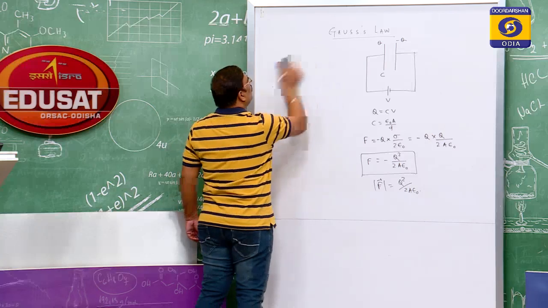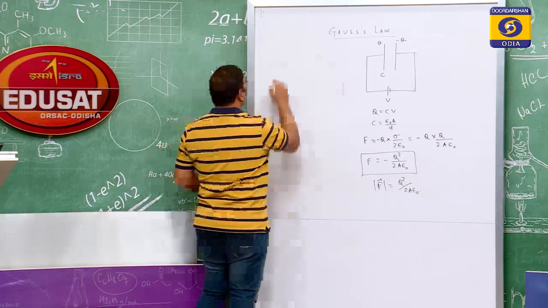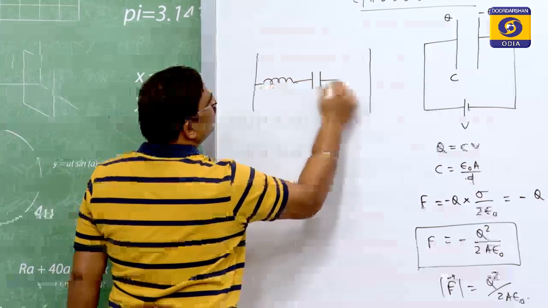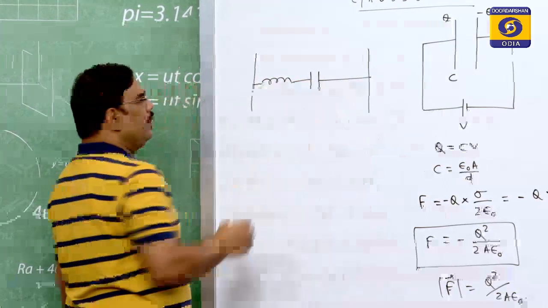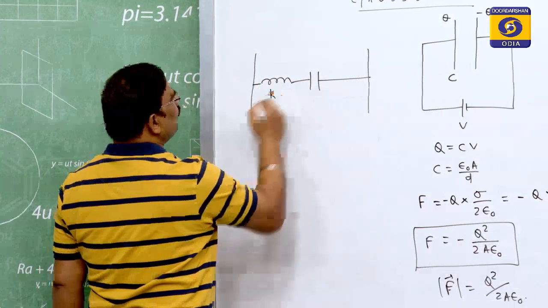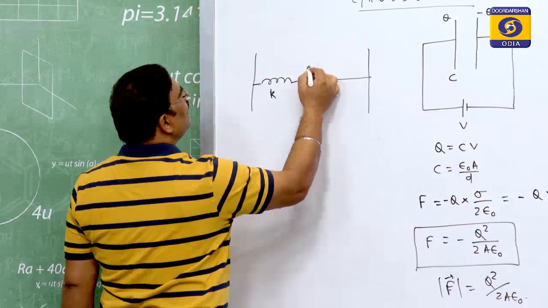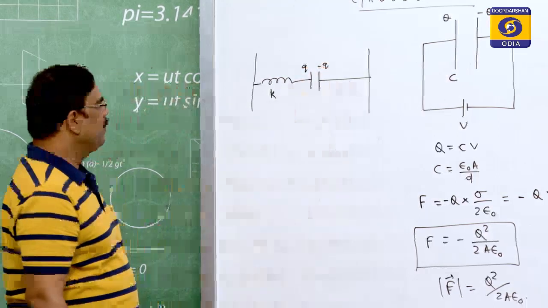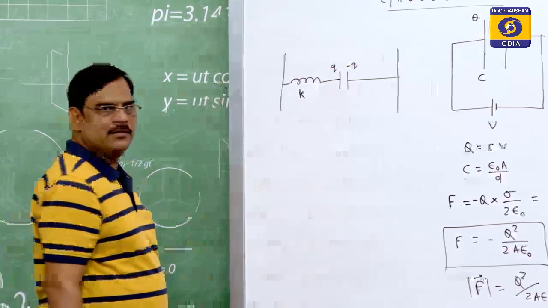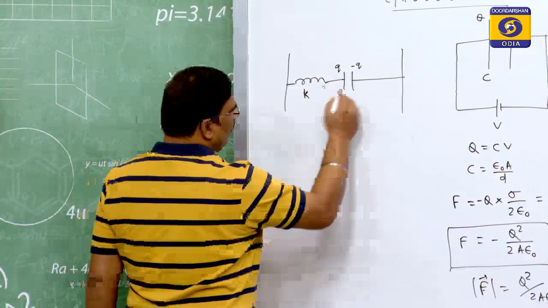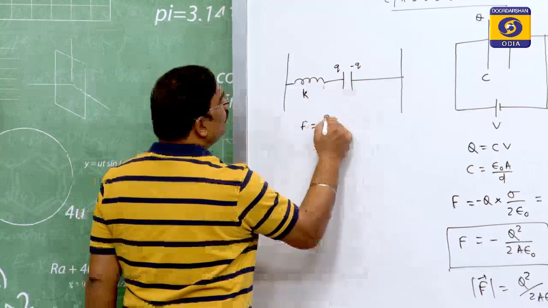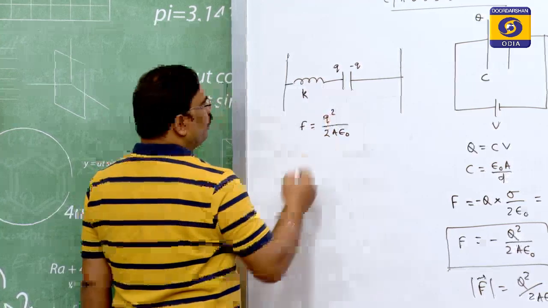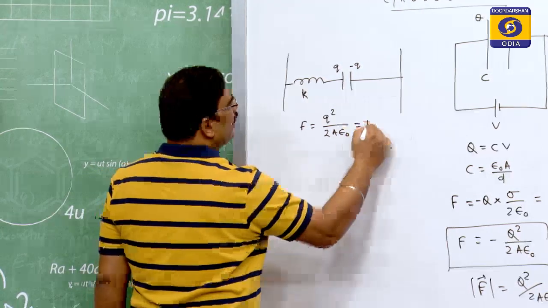Now, let us consider a small numerical. Suppose between two walls I have a spring and a capacitor connected like this. If the spring has a spring constant K and the capacitor is given a charge Q, then what is the expansion of the spring? Now, the force on the capacitor plates F is Q square divided by 2A epsilon 0, which must be equal to Kx.